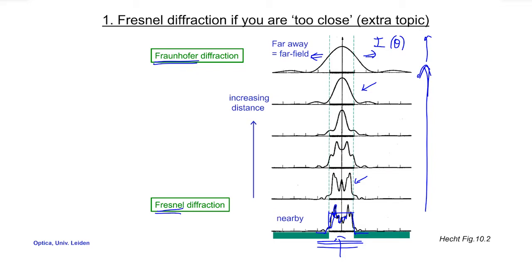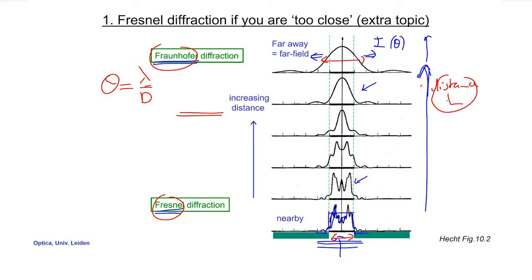If you wonder where the transition is, in this picture it is somewhere here, between the Fresnel regime and the Fraunhofer regime. The simple criterion is that the size of the diffraction pattern should be bigger than the size of the aperture. So if you consider this simple expression, diffraction angle is lambda over d, and if you're at a distance L behind the slit, then the size of the diffraction pattern, L times theta, is L times lambda over d.